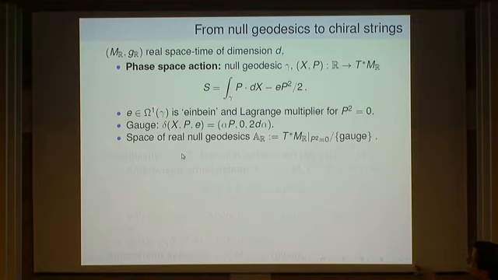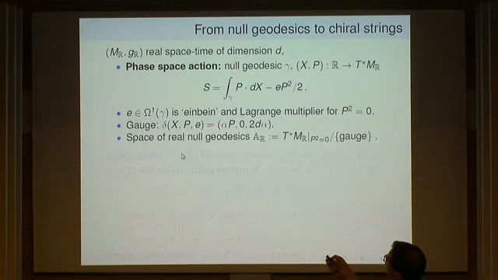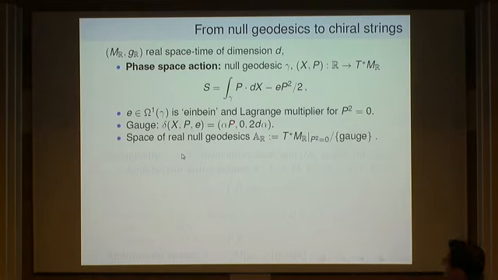And here e is an einbein, p is the momentum, and this is a multiplier that tells you that p squared vanishes, so you've got a null cotangent vector along the geodesic, but it also plays the role of a gauge field, whose gauge transformations shift x up and down the null geodesic. So this is a Lagrangian way of talking about the Hamiltonian reduction of the cotangent bundle of M to give you the space of real null geodesics.